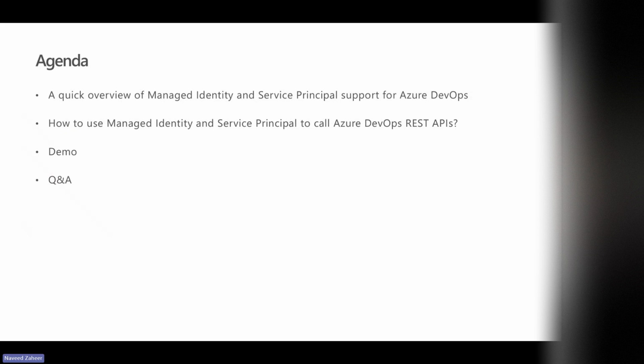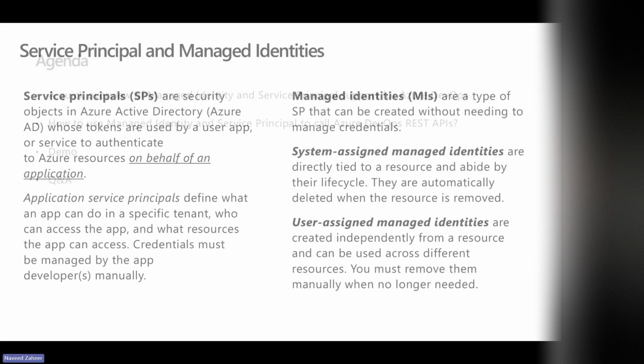Now you can use Service Principal and or managed identity to call ADO. Before it was just PAT, and that was a challenge because PATs are tied to a user, but now you can take advantage of it. We're just going to do a quick lap around it, just 1 minute.